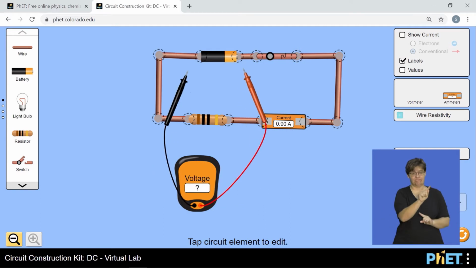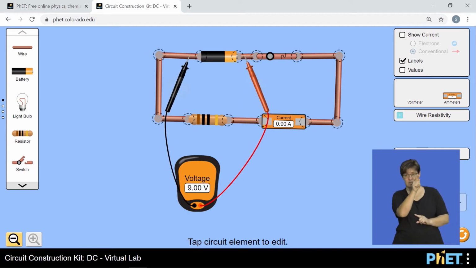If we are to determine the magnitude of terminal potential difference, we would go to the battery and measure the potential difference across the battery. In this case, it's 9 volts. Now, the resistance in the circuit is a result of understanding the terminal potential difference as well as the total current passing through the battery.